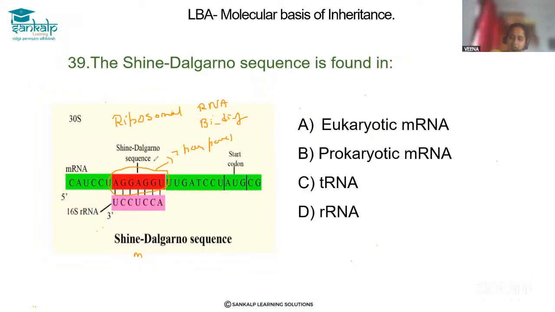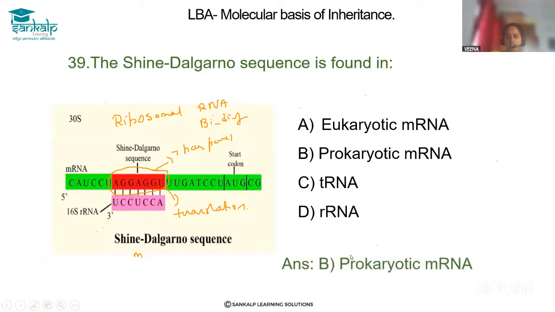That means it enables the initiation of translation. Okay, so the correct answer is prokaryotic mRNA. The Shine-Dalgarno sequence is found only in prokaryotic mRNA. Thank you.